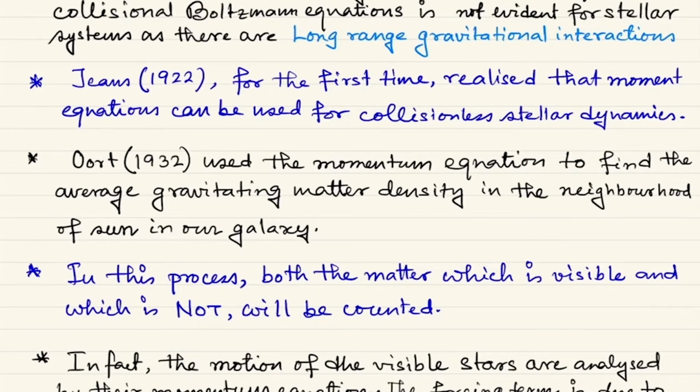For example, some matter which is not radiating any light or electromagnetic radiation, whether you use a visible light telescope, an X-ray telescope or a UV telescope, you cannot detect them.